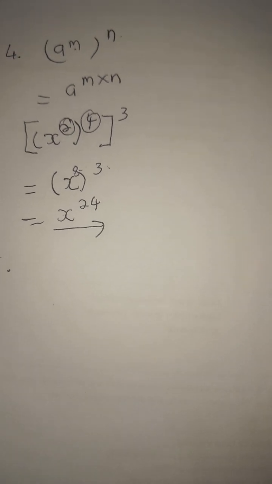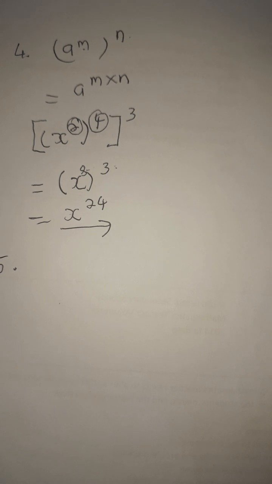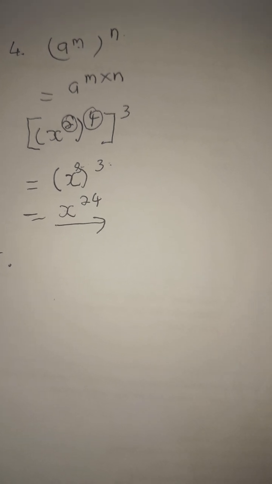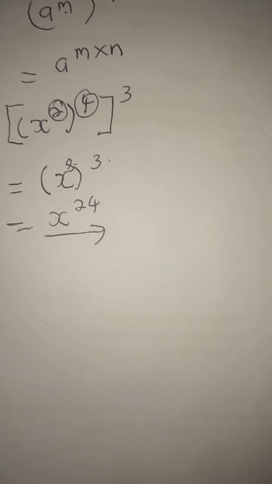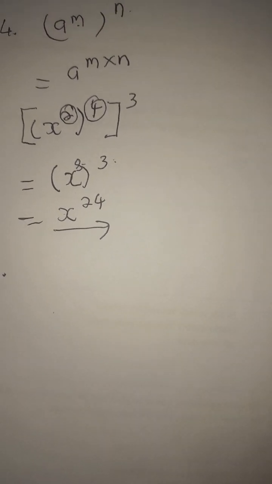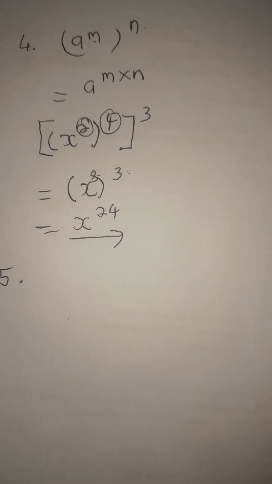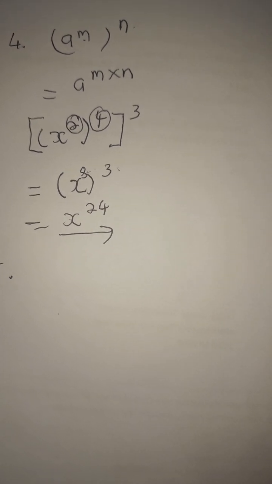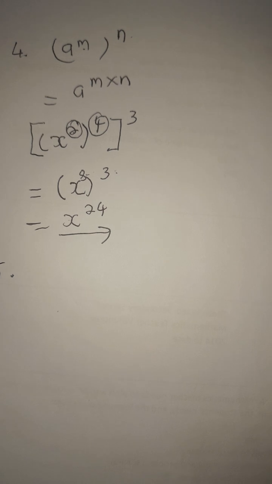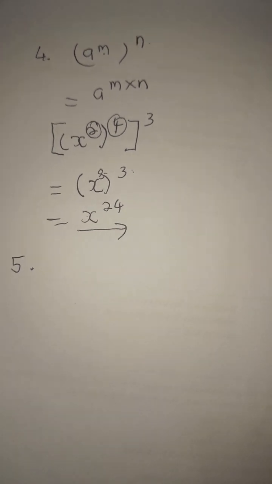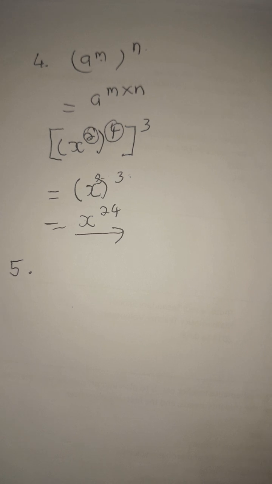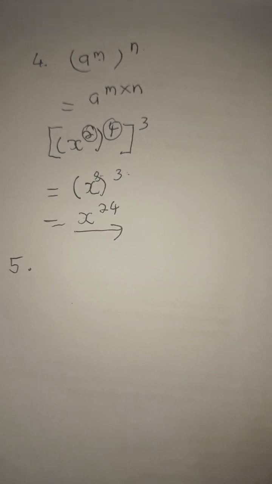When raising a product to a power, we apply the exponent to each factor of the product and multiply the result. This is known as distributive rule of powers over multiplication. I hope you have written that. Very important part.